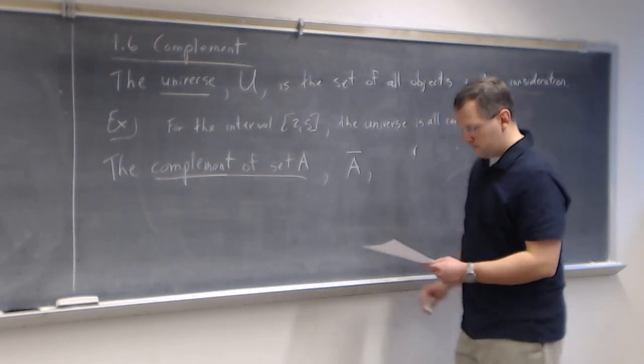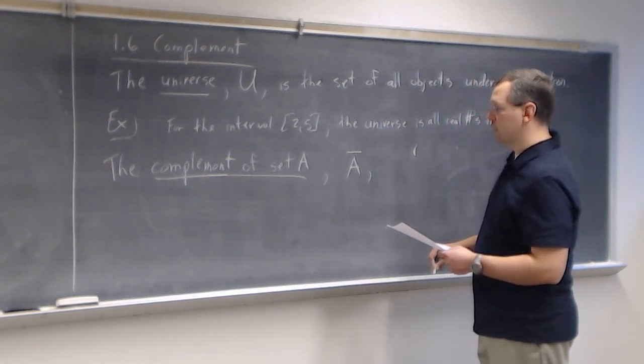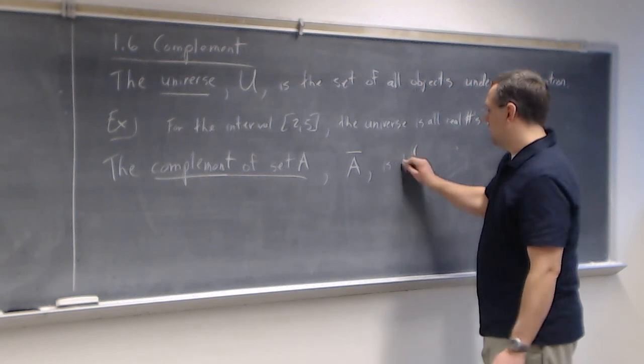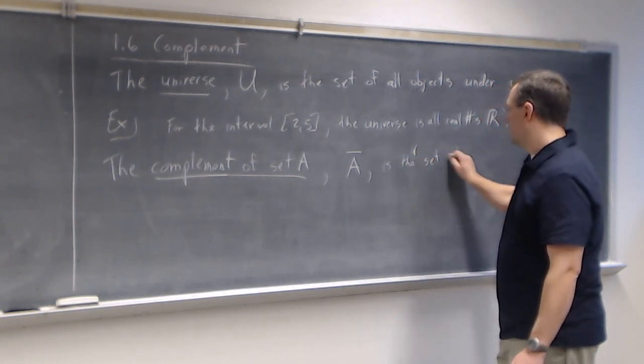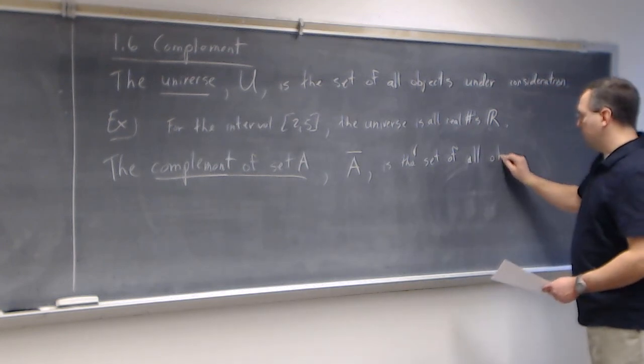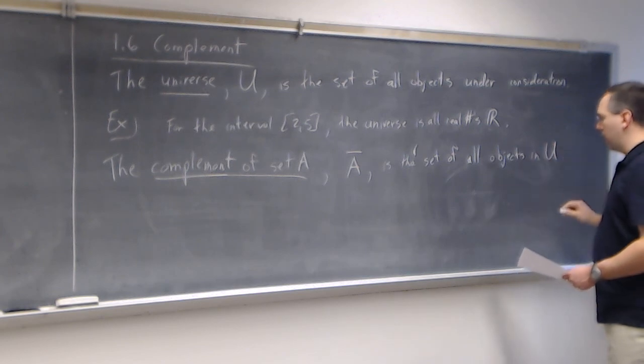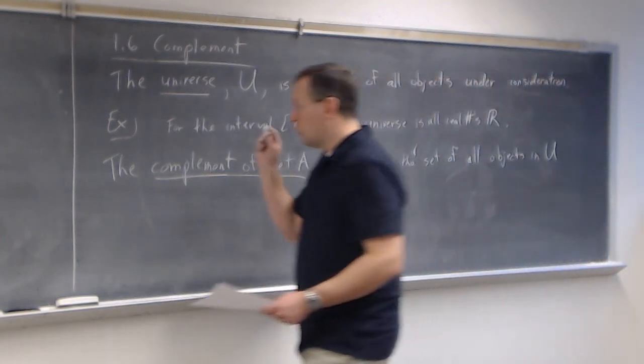People might call it A bar, but the complement of set A is the set of all objects in your universe, so all objects in U that are not in A.